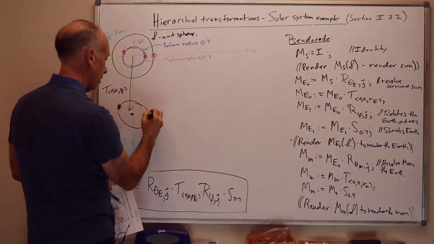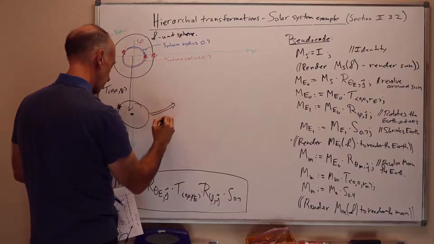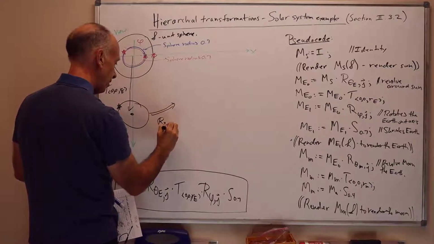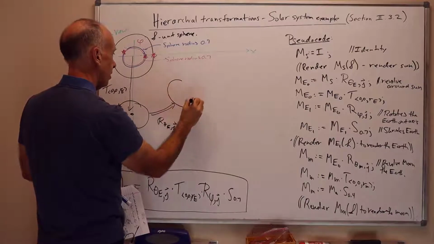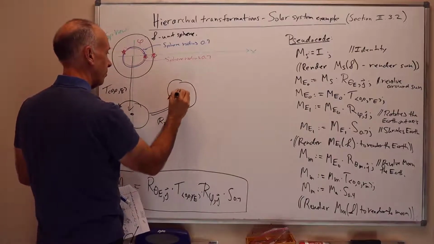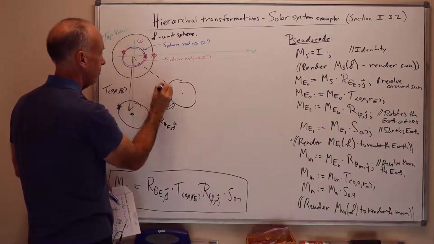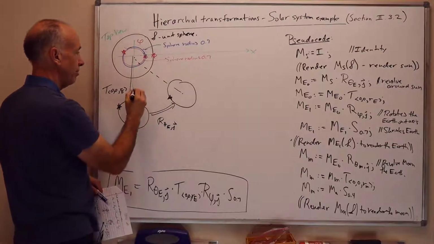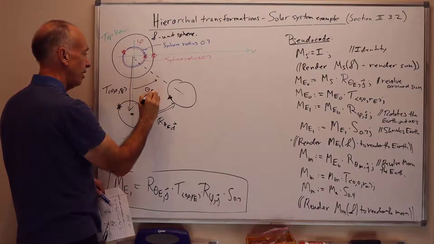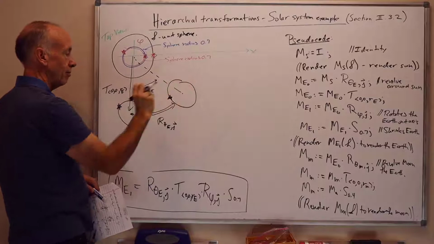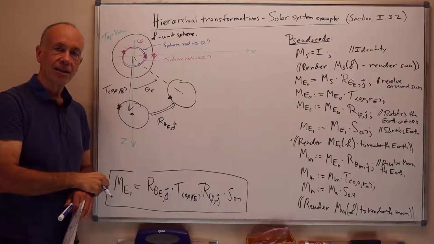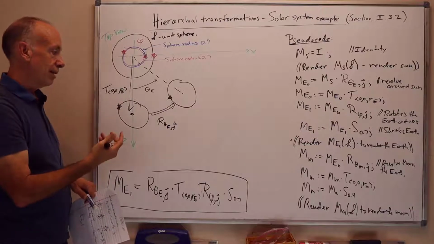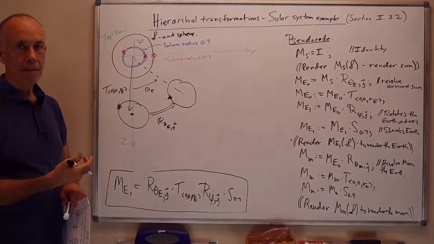So r theta e j would take the sphere and place it here. So this would be the angle theta e. This would still be radius 0.7. It would still have the rotation on its axis of angle phi, and would place the Earth in the correct position.